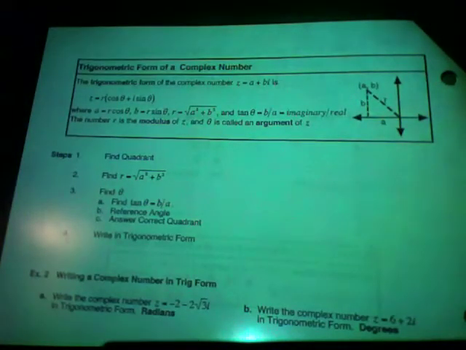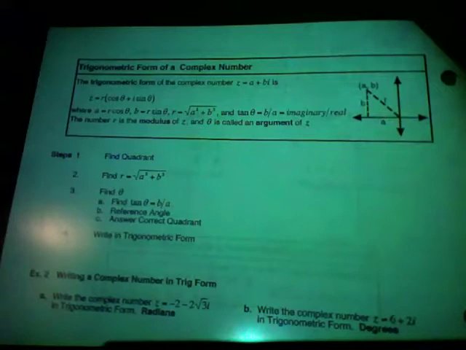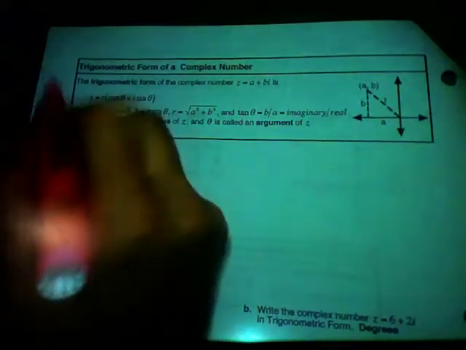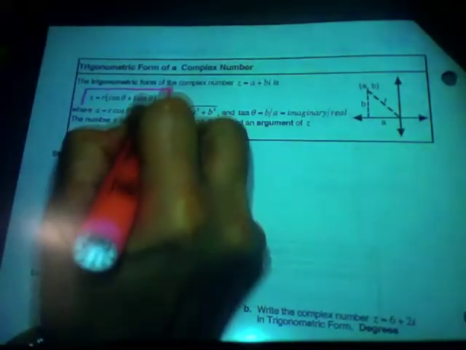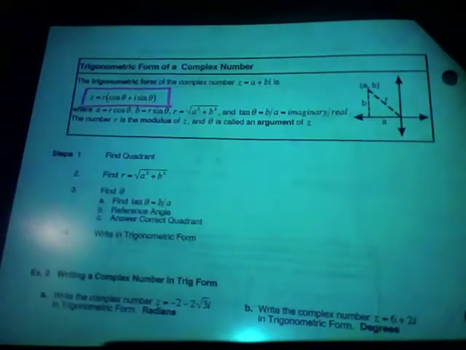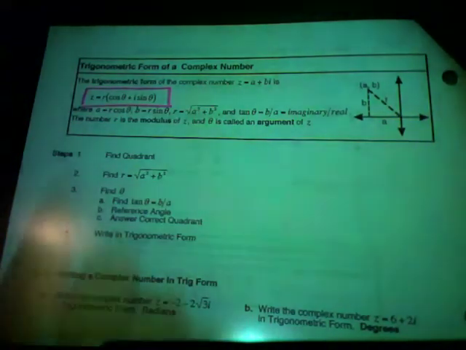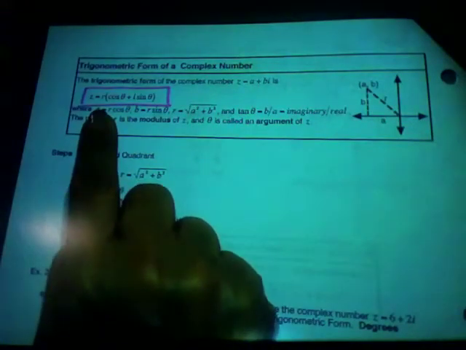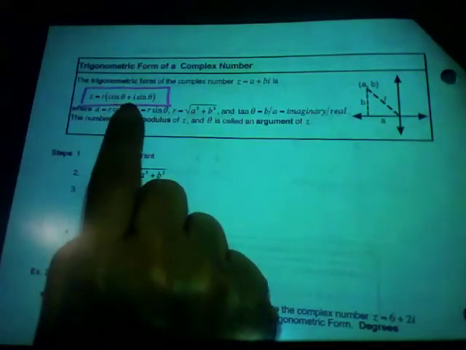So then we're going to look at the trig form of a complex number. And we're going to use this formula here. We've got this thing called R times cosine of theta plus i sine of theta.